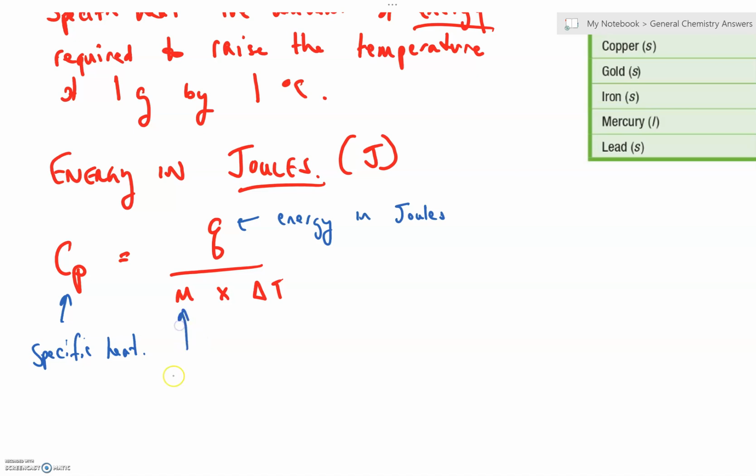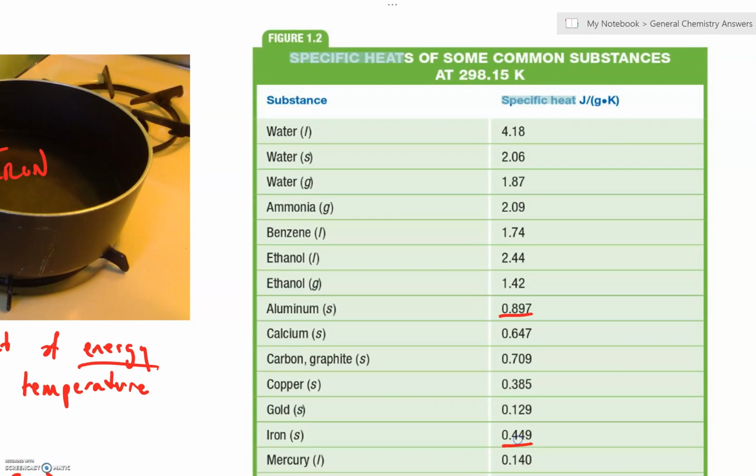M is going to be our mass in grams. And delta T is going to be our change in temperature. It doesn't matter what unit we use. We'll use degrees Celsius, but we can also use kelvins because they're the exact same unit. Notice up here it says this is in joules per gram kelvin; you can replace that with degrees Celsius and it works exactly the same way.